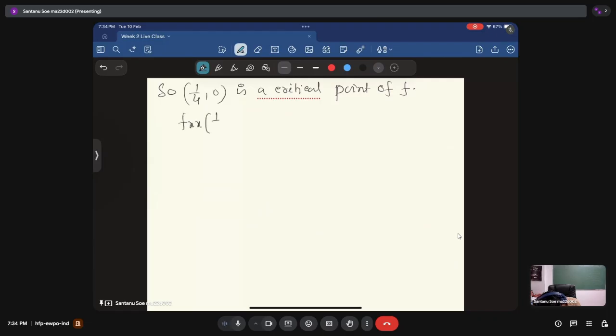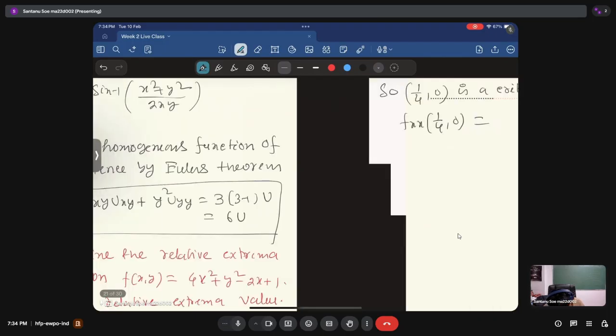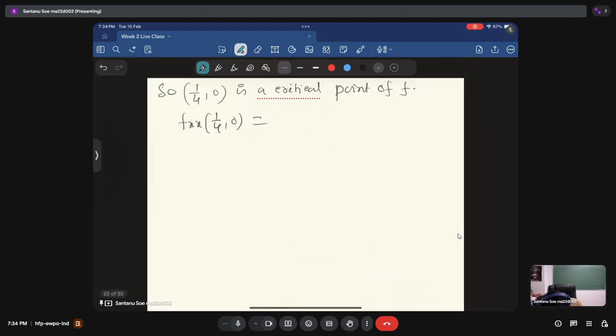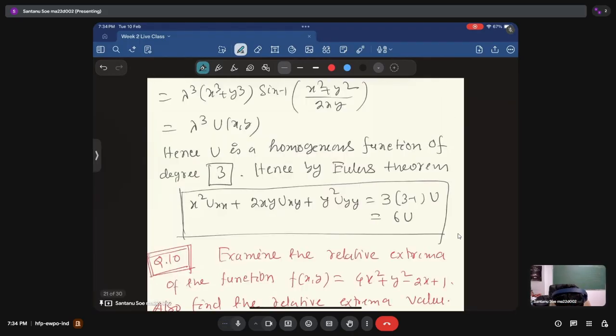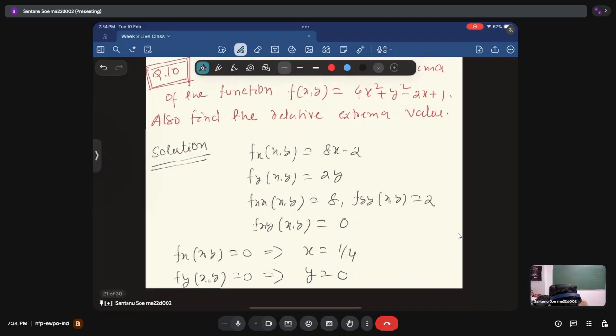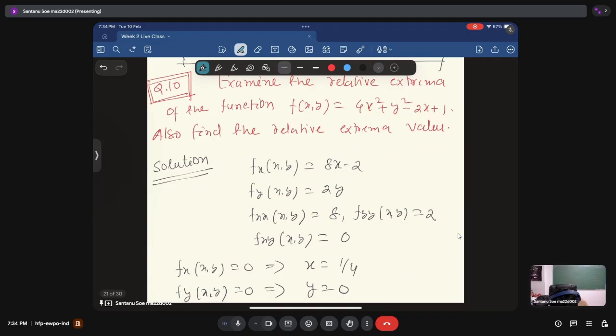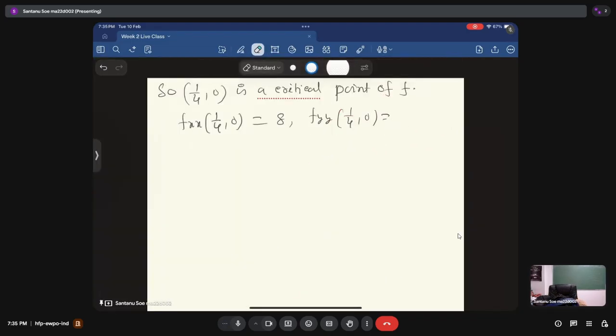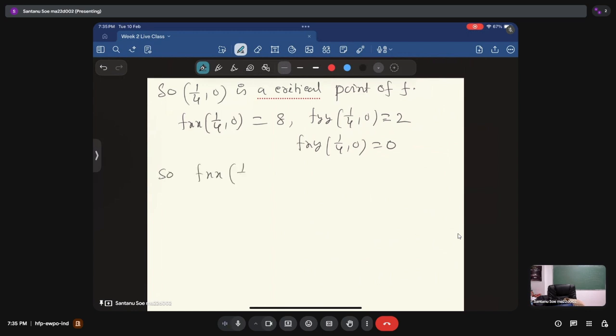Okay. Now f_xx at 1 by 4 comma 0 is gonna be 8. f_yy at 1 by 4 comma 0, sorry, this will be 2, and f_xy at 1 by 4 comma 0 will be 0. So this is our Hessian at 1 by 4 comma 0.